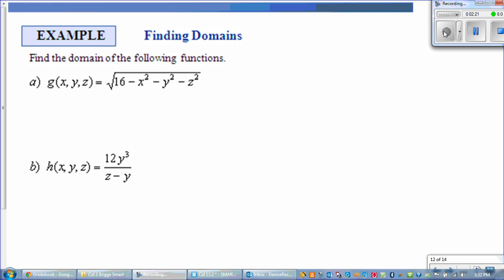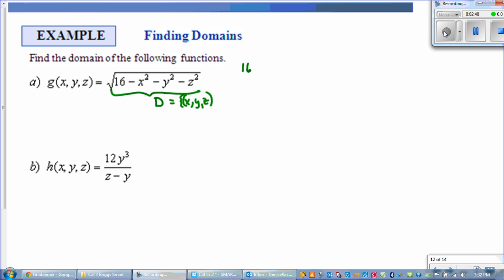So let's find the domain of these functions. The same ideas apply. You're looking for what values of x, y, z. Because we have three independent variables, the domain is going to be a subset of 3 space, R3. So the domain will be the set of all points x, y, z so that this will exist.